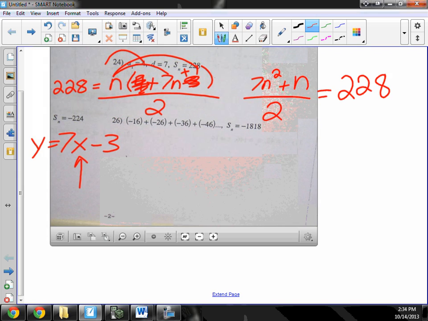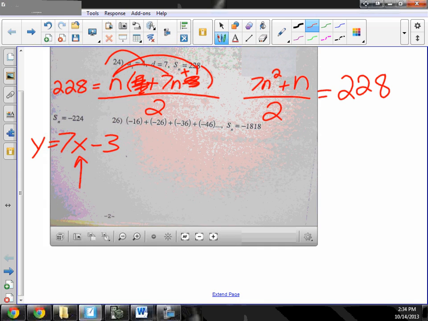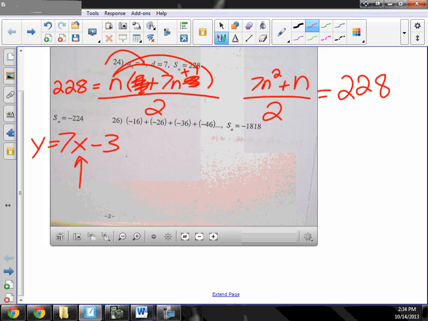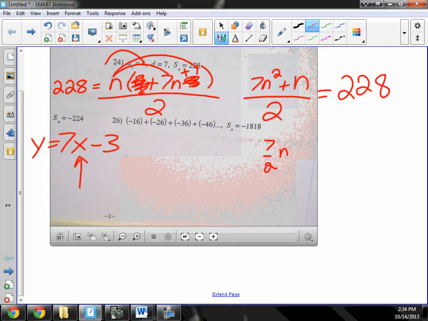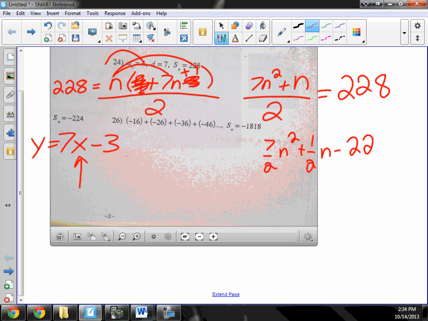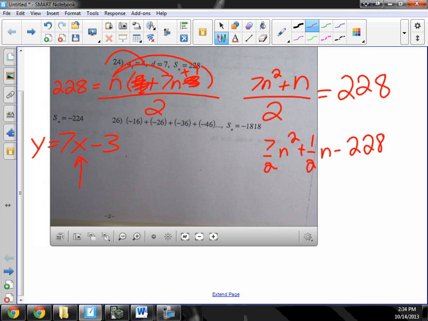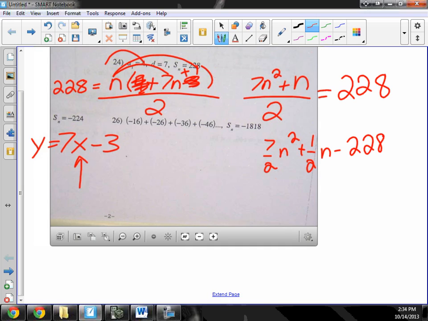Can I divide by 2? No. So one way to do it is to do 7/2 n squared plus 1/2 n minus 228. Okay, that's kind of messy. The other way to do it is just put minus 228 and graph it.